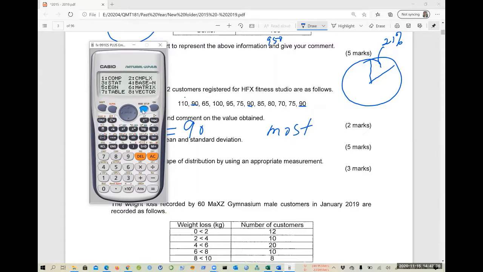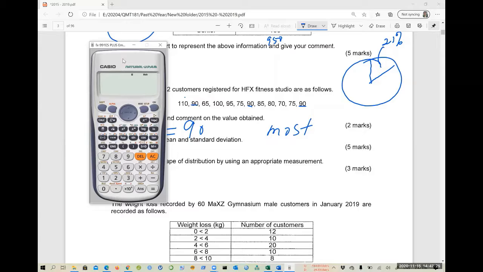So let me just clear everything first. Okay, so this is the one. Now you want to calculate the mean and the standard deviation, and you want the summation first. So you need to find the summation of x and also the summation of y.